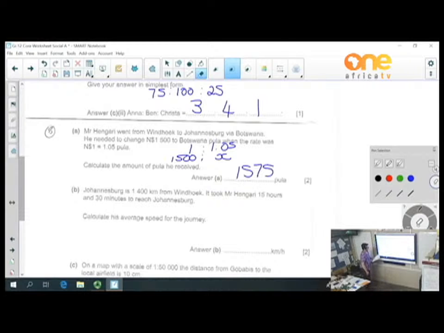Johannesburg is 1,400 kilometers from Windhoek. It took Mr. Ngani 15 hours and 30 minutes to reach Johannesburg. Calculate his speed. What is speed? Look at the triangle. Remember, this is distance, speed, and time. So what is speed? Distance over time. You divide the distance with the time.